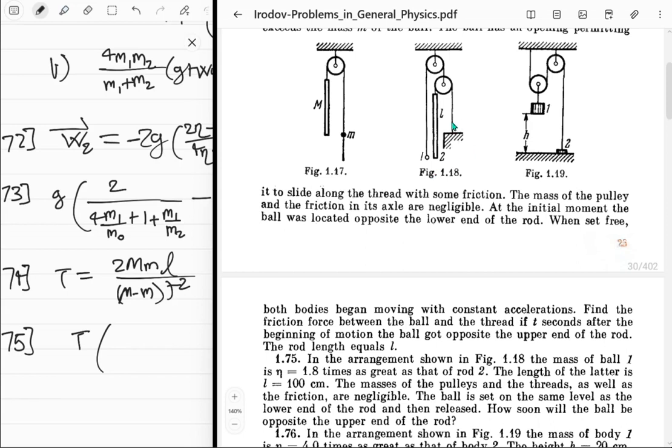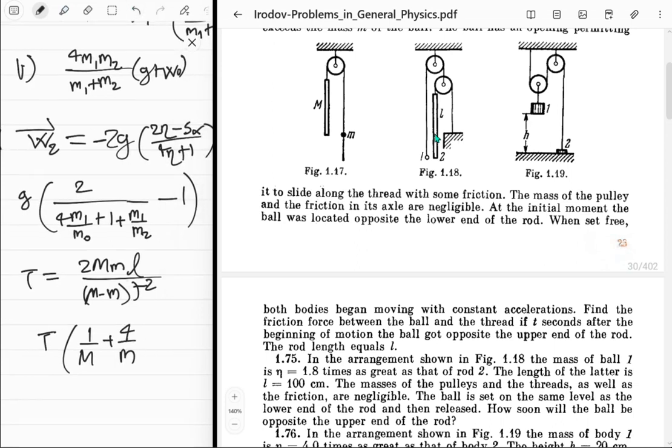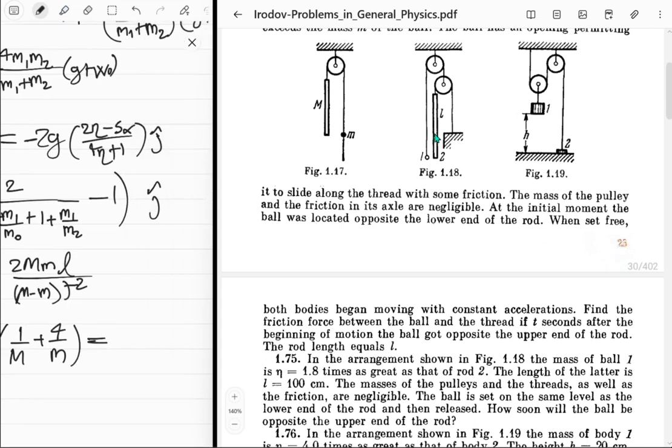So Ni squared. What's Ni squared? For this guy, it's supposed to be 1. So 1 upon, call this thing capital M, plus 1. Oh no, it's not 1. It's 4 upon small m. This should be equal to the sum of the retarding accelerations. So it's just g plus g, 2g. Cool.